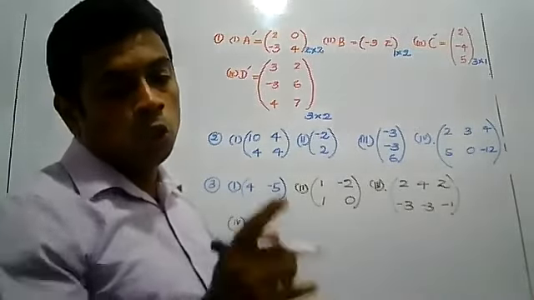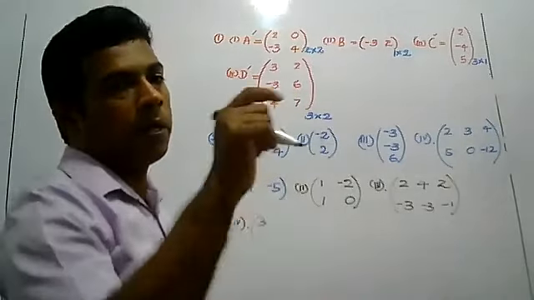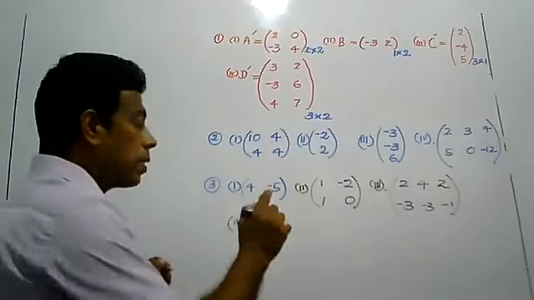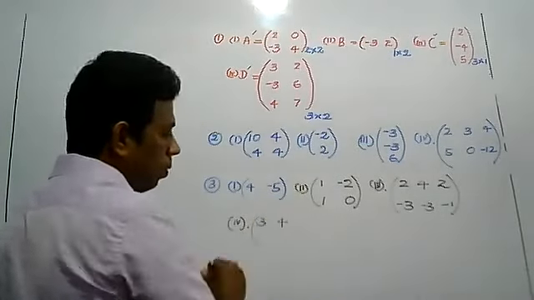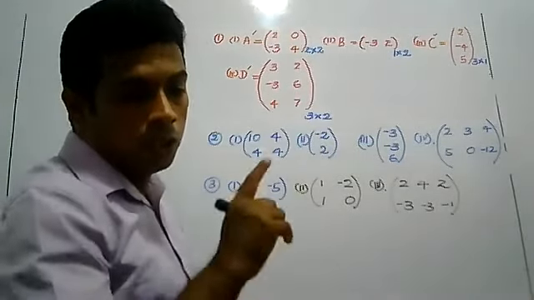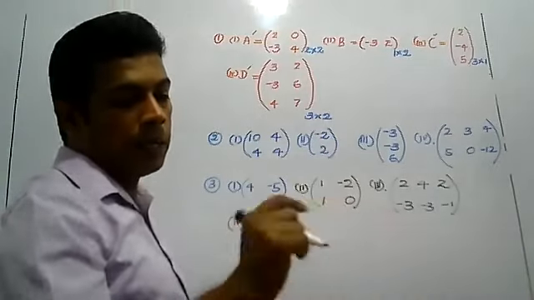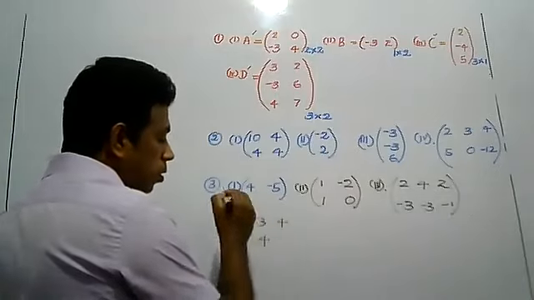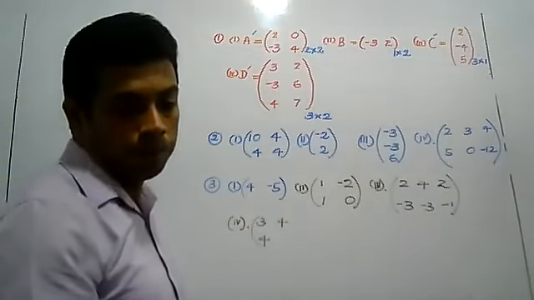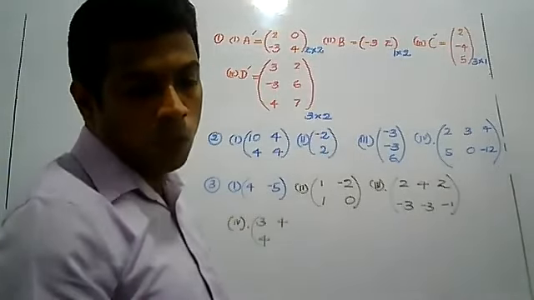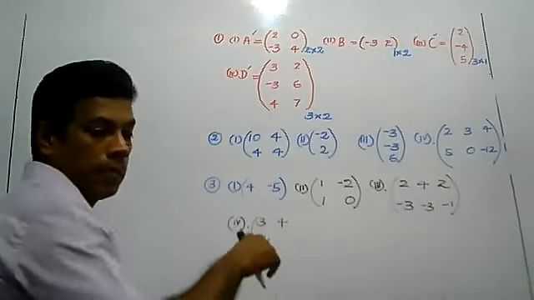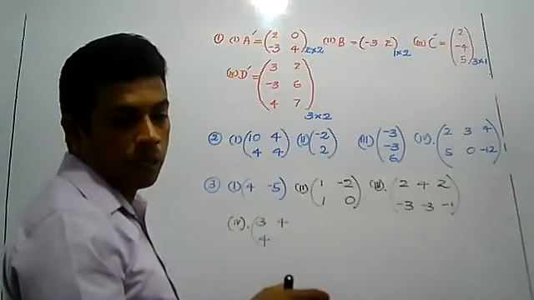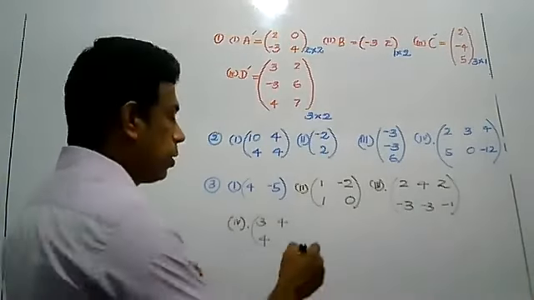Second, 2 minus minus 2, minus times minus is plus, 2 plus 2 is 4. 3 minus minus 1, 3 plus 1, 4. Next one, 5 minus minus 3 is 8.